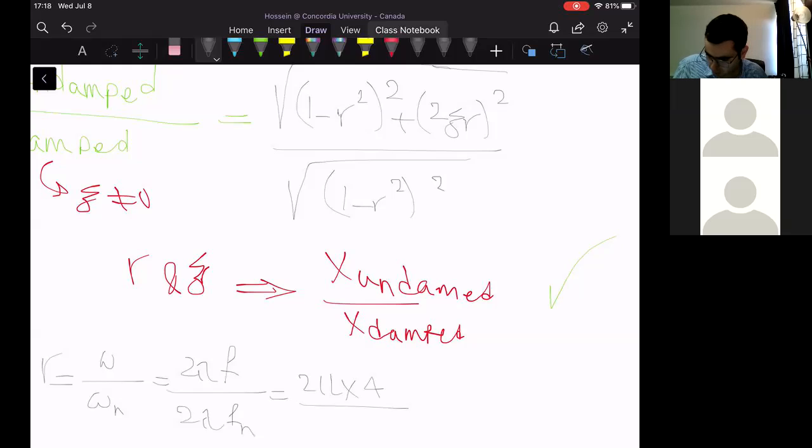We had omega n in the previous question. Because we had tau, you could easily find omega n, since omega n is 2 pi over tau.